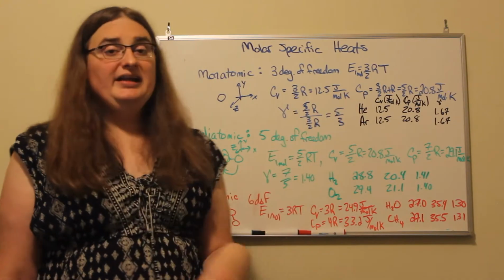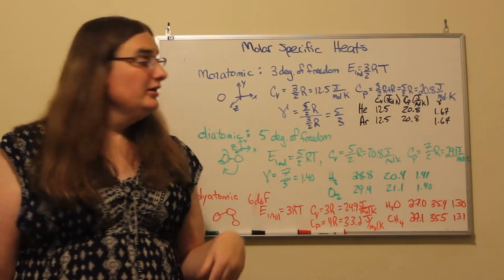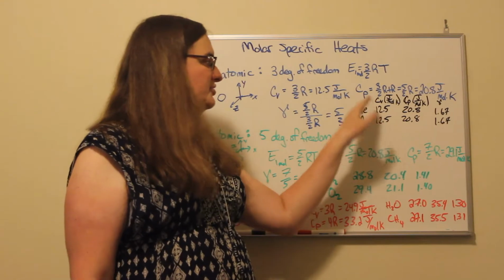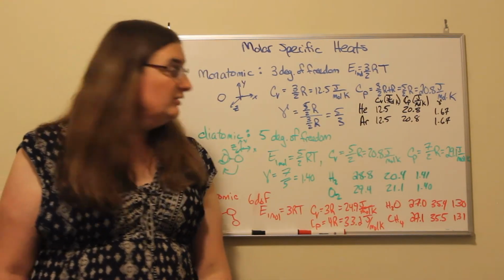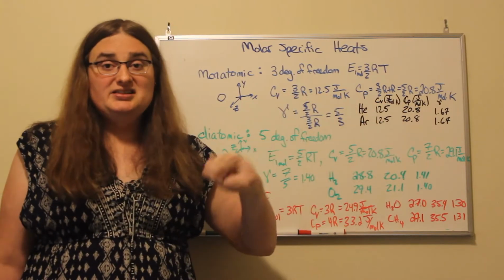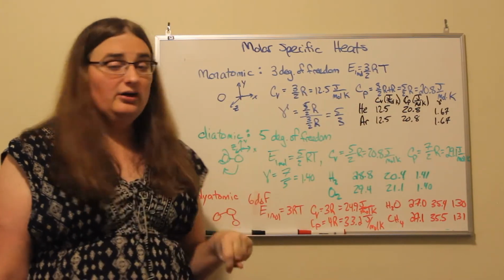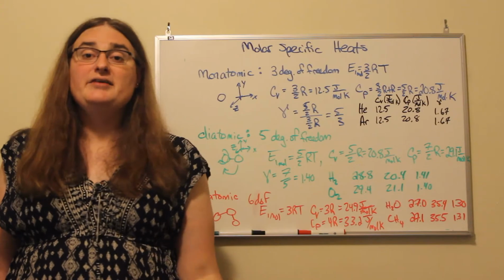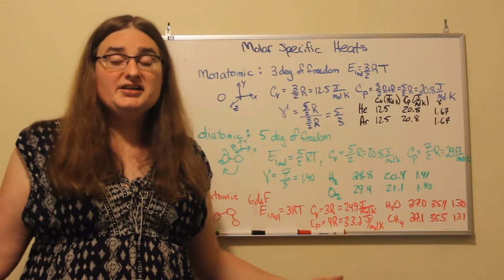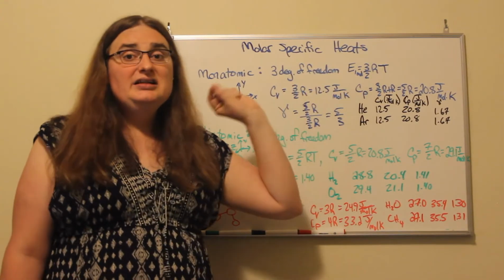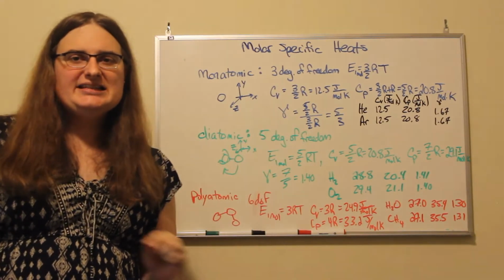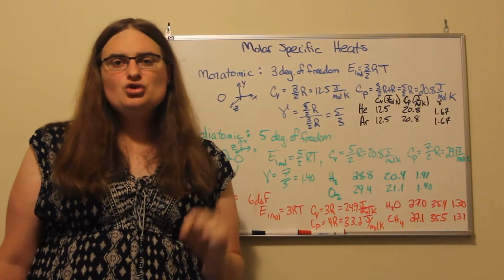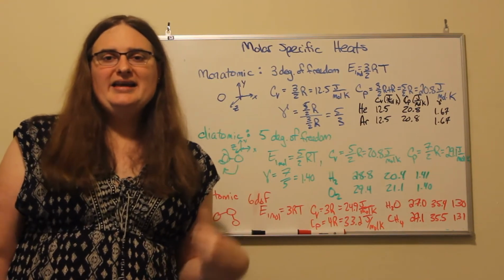So if we take a look at gases like helium and argon, around room temperature they have constant volume heat capacities of about 12.5 joules per mole Kelvin, constant pressure heat capacities of about 20.8 joules per mole Kelvin, and gammas of 1.67. That exactly checks out with an idea that came about from just thinking statistically and doing Newton's second law again and again and again.